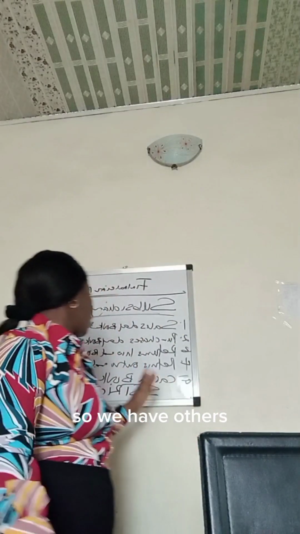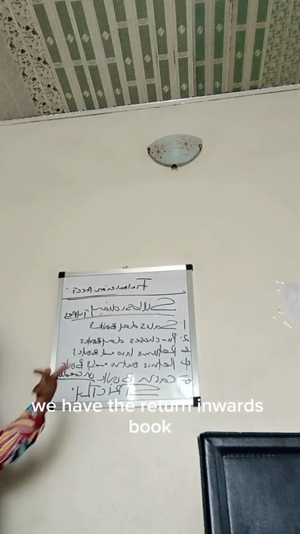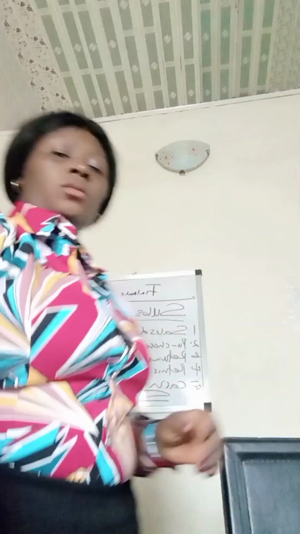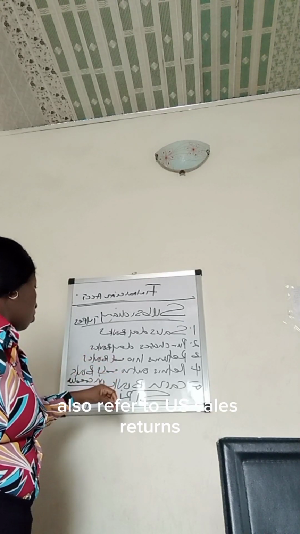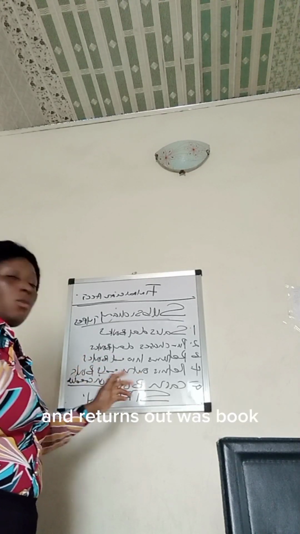So we have others, we have the return inwards book. Now let's understand the difference between the return inwards book and the returns outwards book. Let's look at the similarities between these two. Return inwards book is also referred to as sales returns, and returns outwards book is also referred to as purchases returns.